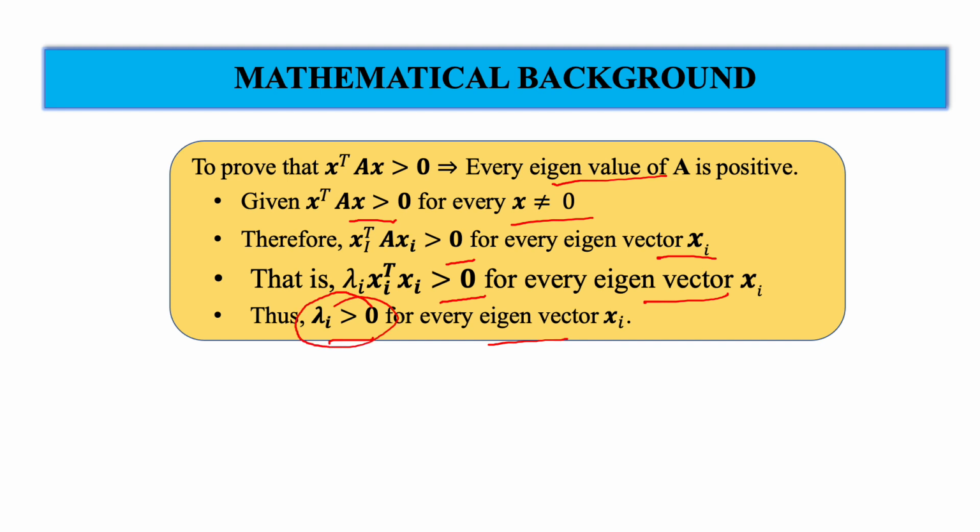Now this result can be extended to positive semi-definite matrices, where we say that a symmetric matrix A is positive semi-definite if and only if its eigenvalues are non-negative.